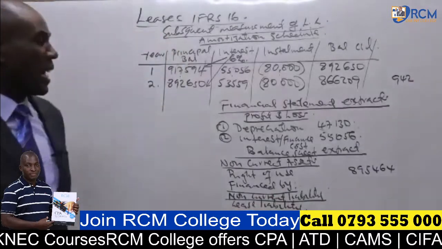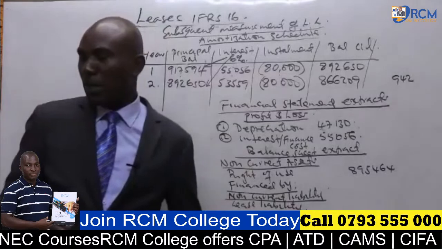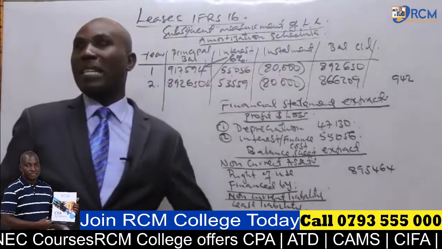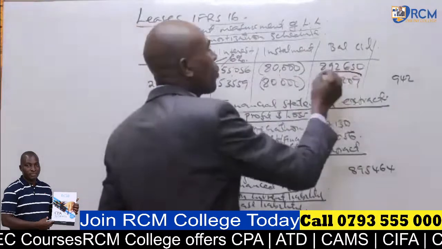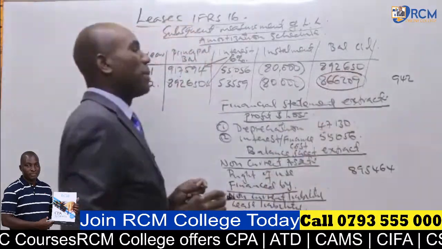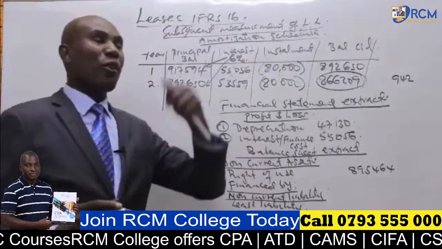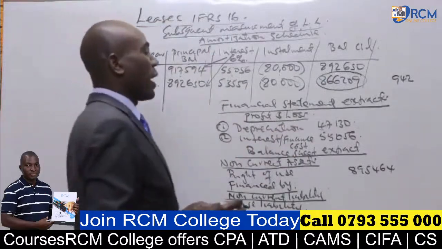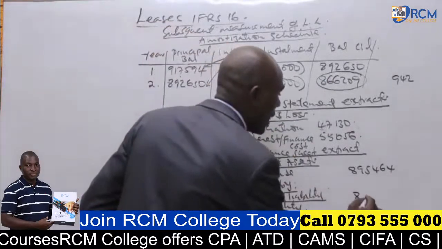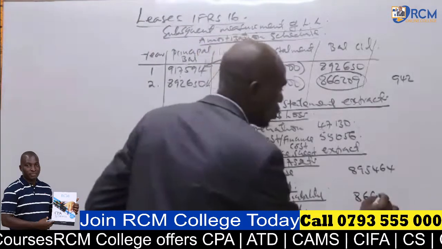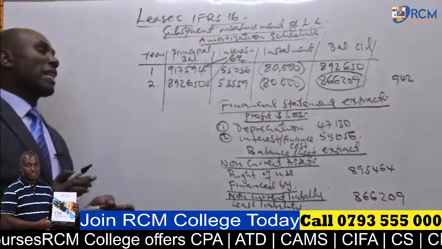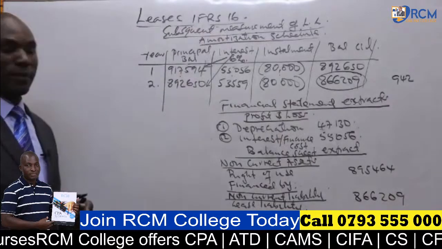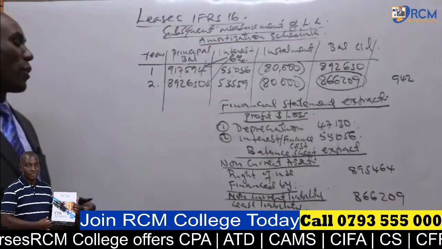Now, I said that if payments are made at the end of the year, you prepare for 2 years. The one for year 2 will be the non-current liability for year 1, which is 866,209.